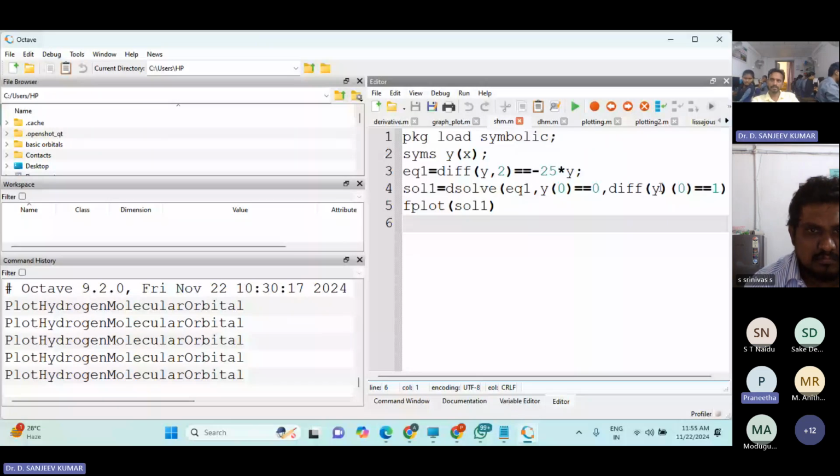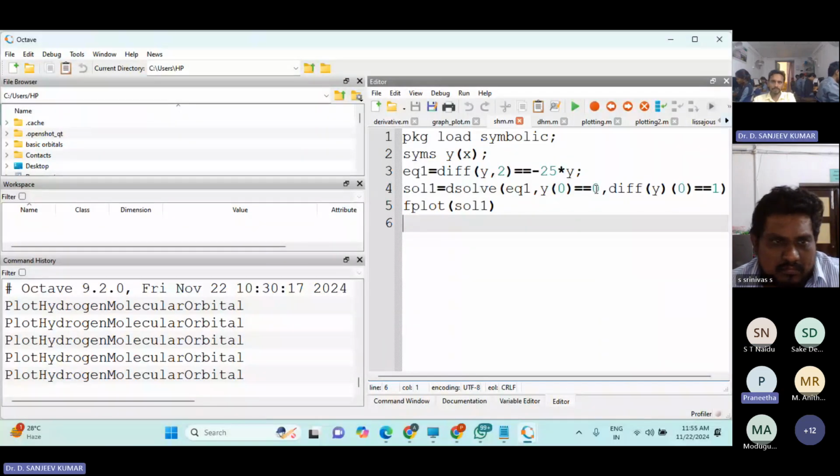So the first derivative of y at 0, that value I need to supply, and the function value at 0. So for a second order differential equation solution, we need two initial conditions. We'll see step by step what happens actually at each level. And then we try to plot it.